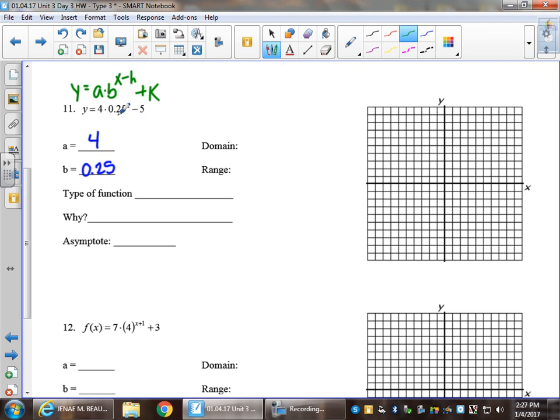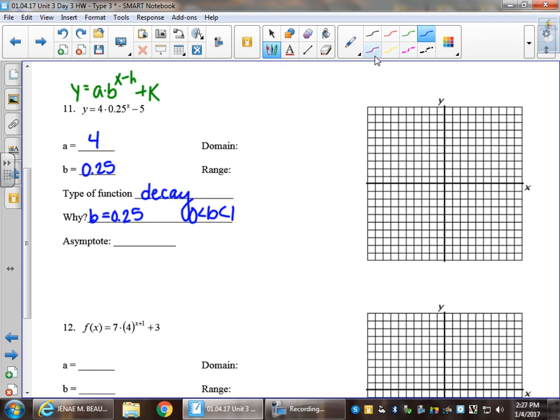So A is 4, B is 0.25. I know that this is a decay function because B equals 0.25, and that is between 0 and 1.